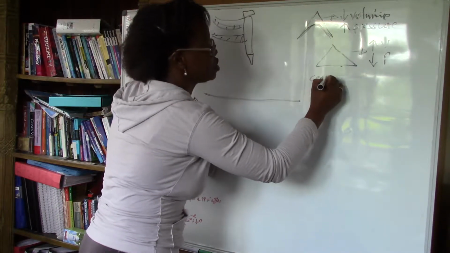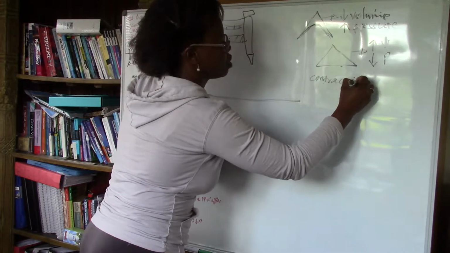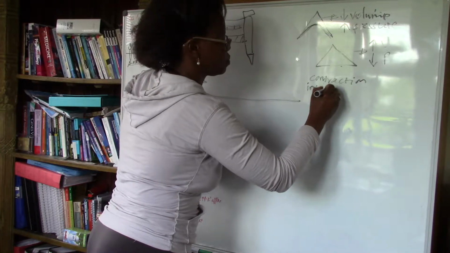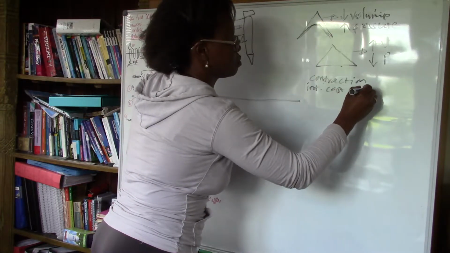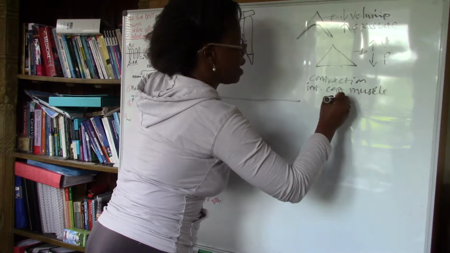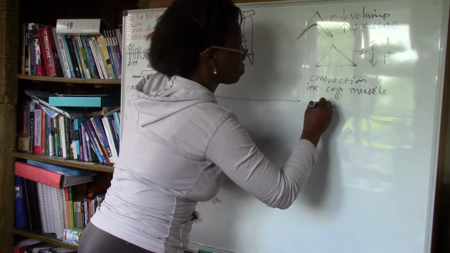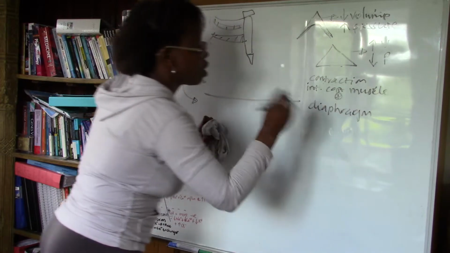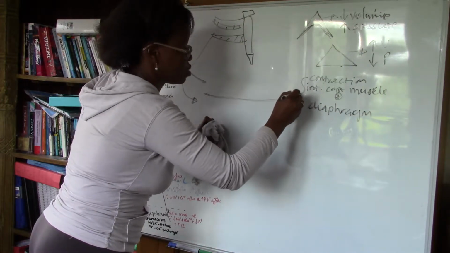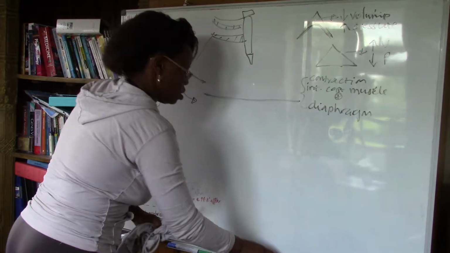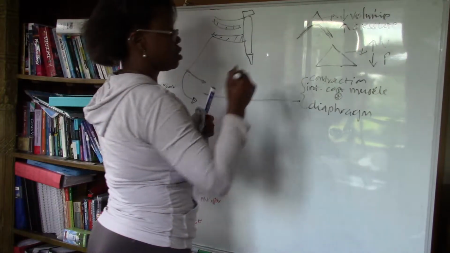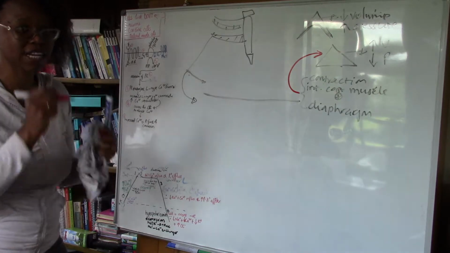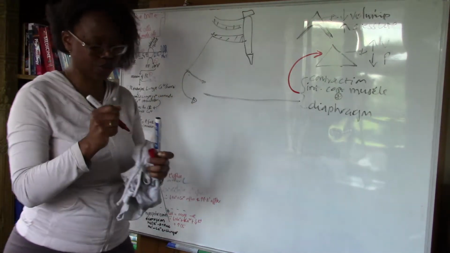So the contraction of both the intercostal muscles and diaphragm, both of these two cause the volume of the lungs to increase and the pressure inside the lungs to reduce.